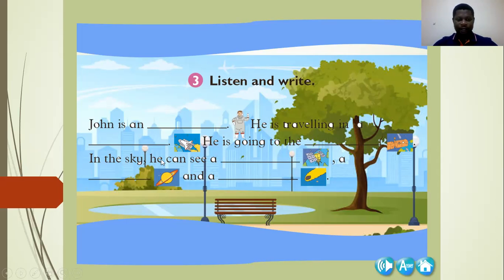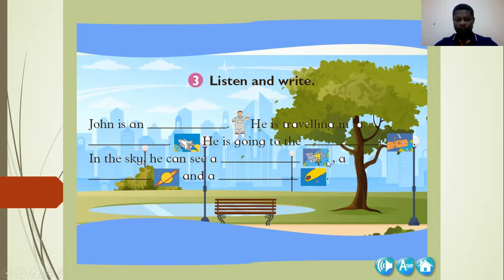In the sky, he can see a dash. So what is this? A dash and a dash. If you check back at the vocabulary, you're going to see these images and what they represent so that we can write down the answers.